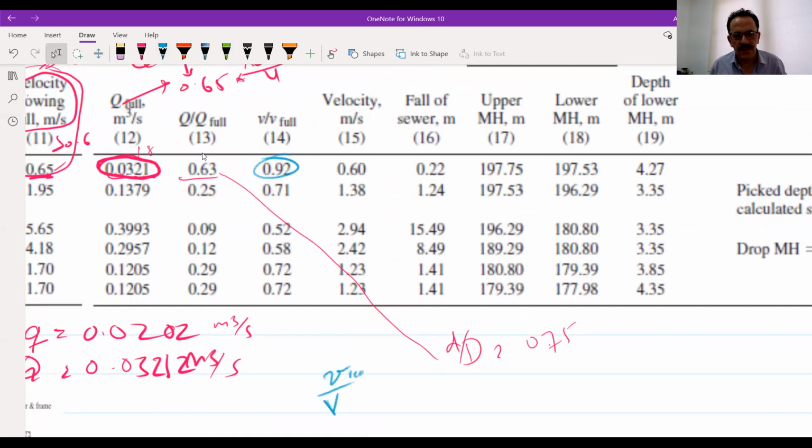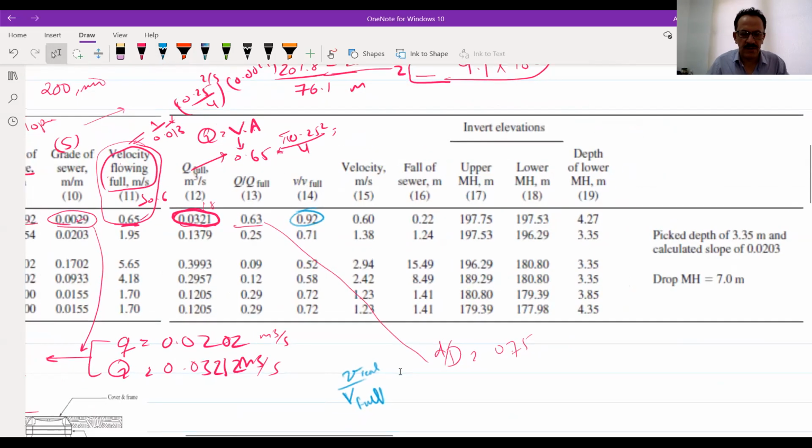This is the real velocity, and this is for the full flow. The ratio of v to V is 0.92. Now I have V full, the full capacity. When the sewer is working at full capacity, how much will this velocity be? It will be 0.65, as we have here in column 11.